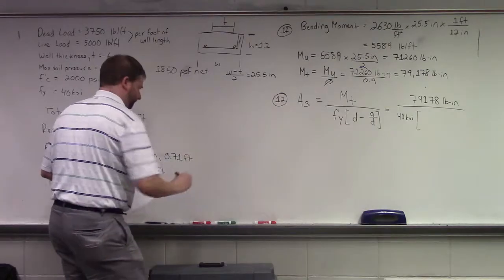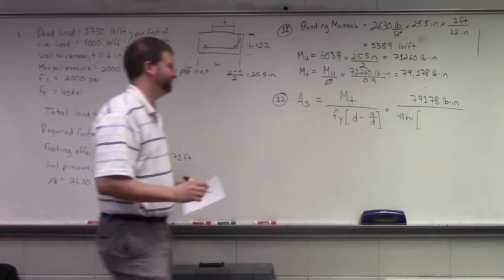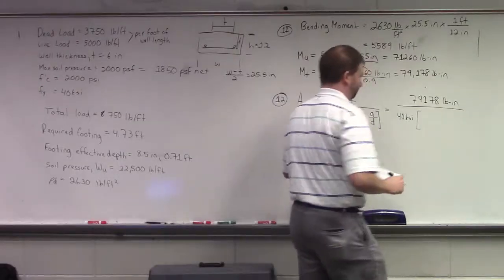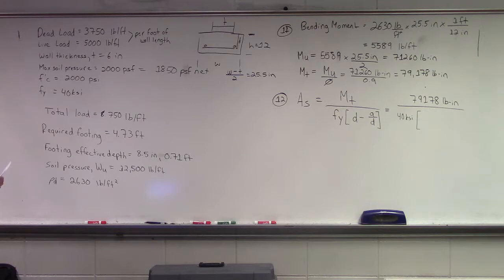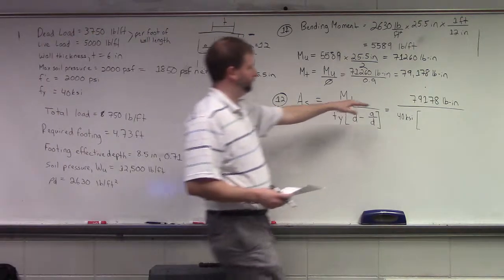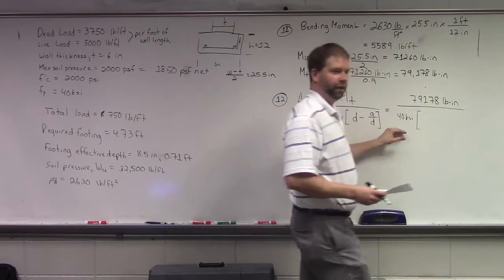And now go to feet. If I'm in feet on top, do I have to change the 40 ksi? Yes, you can't use 40 ksi, because you'll have feet up here but inches down here.